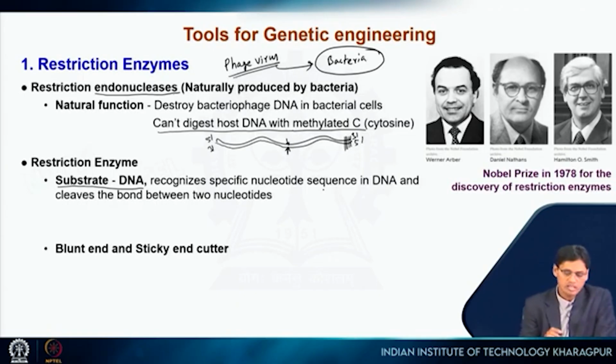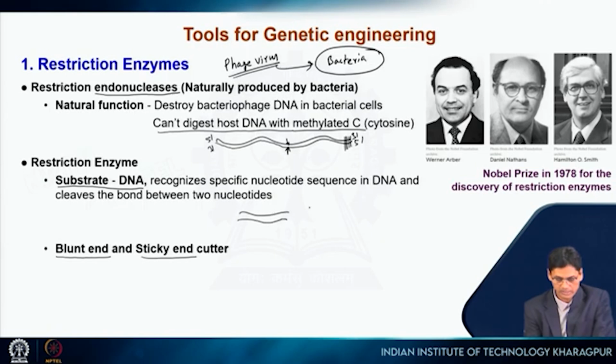Now, based on their action, there are many types of restriction enzyme. If we classify them broadly, we would say blunt end cutter and sticky end cutter. For example, if I say this is one DNA here, right?